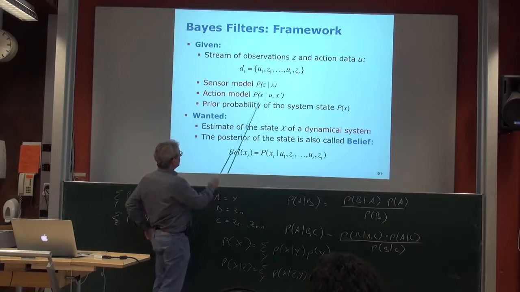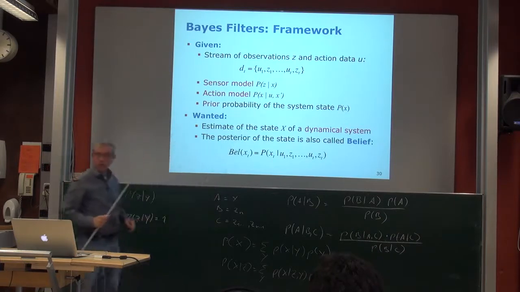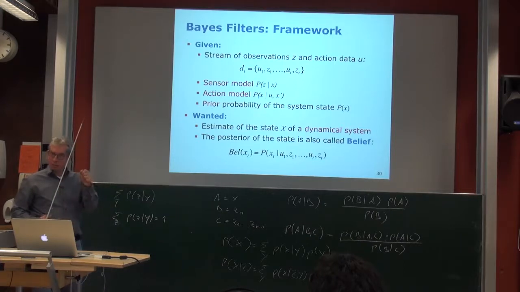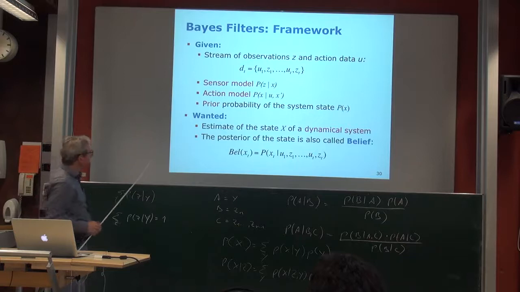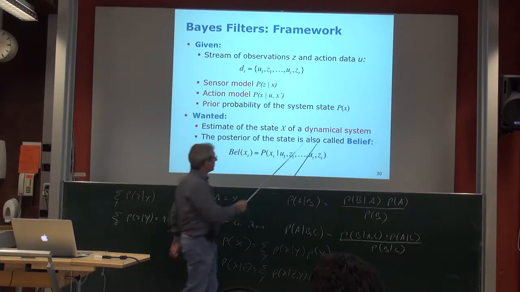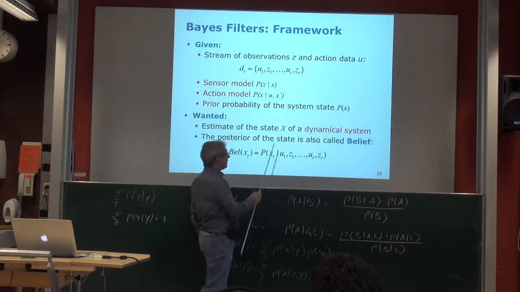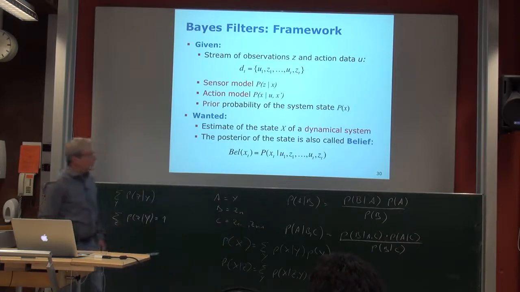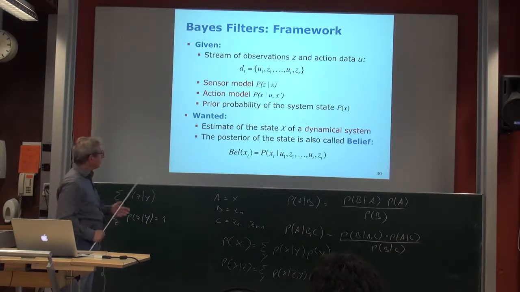And we have what we call an action model, which is p of x given u and x prime. It specifies how the world changes when we execute a particular action. And we assume that there is a prior about the state of the system, which, if you have no information, is a uniform distribution over all potential values of the state variable.